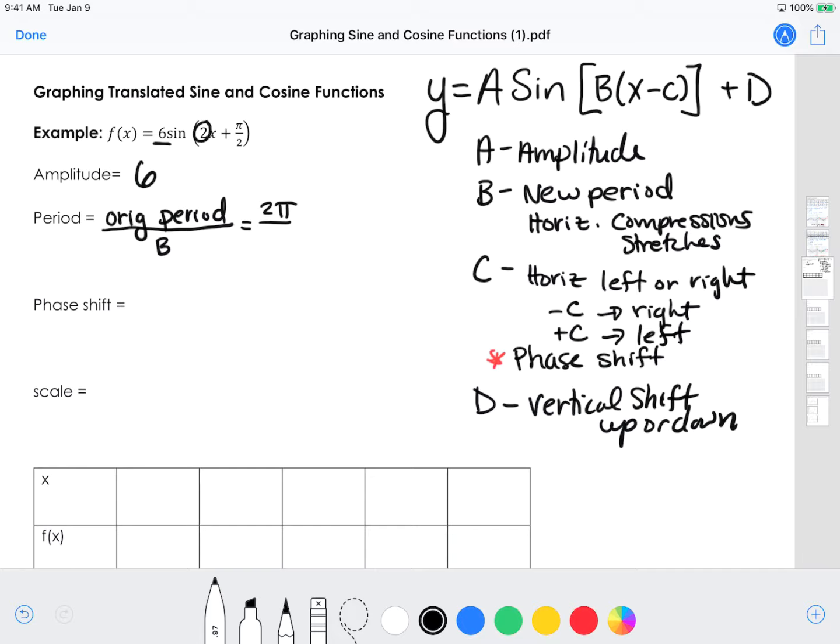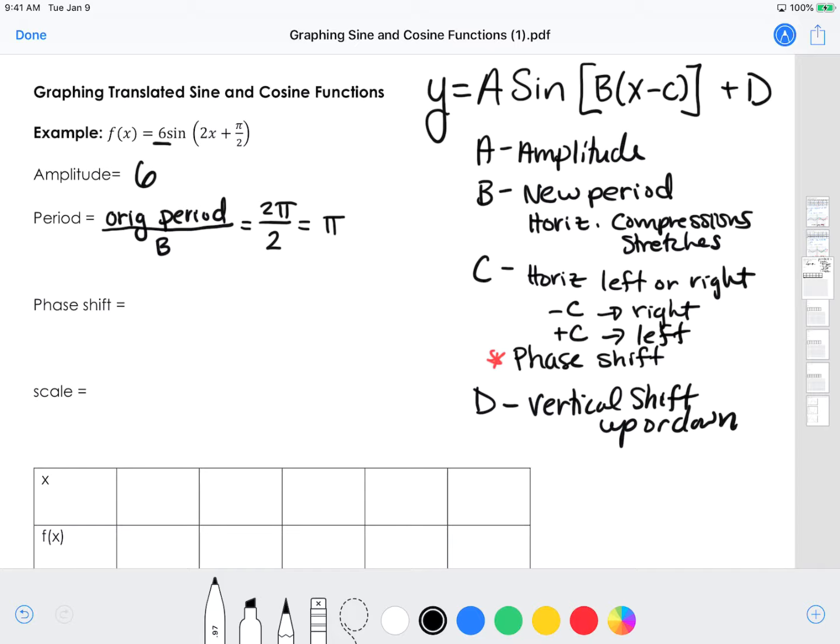So I'm going to divide by 2. So my new period for my translated function is going to be pi, which means instead of repeating every 2 pi, it's going to repeat every pi. So basically what we did is we shrunk it in half. We horizontally compressed it by a factor of 2. We squished it in half.